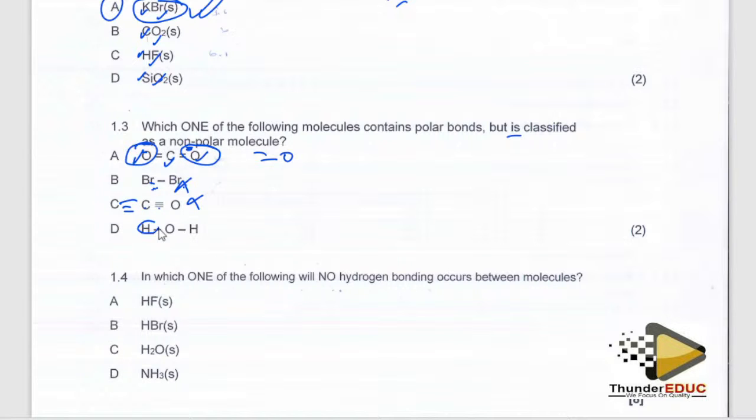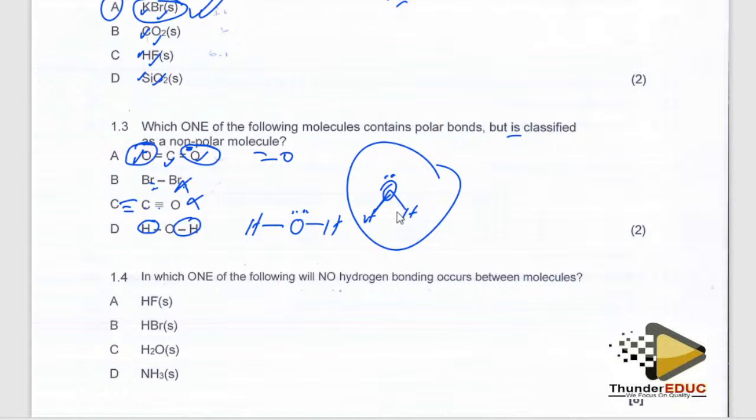This one, the force this side and the force this side is the same. Unfortunately, this does not form a linear structure. Look, it has electrons, which makes it angular. So because of that, it makes this polar.